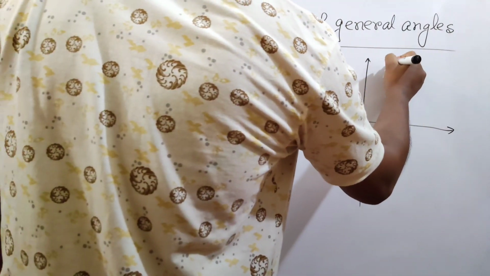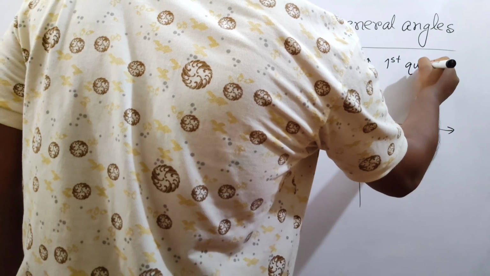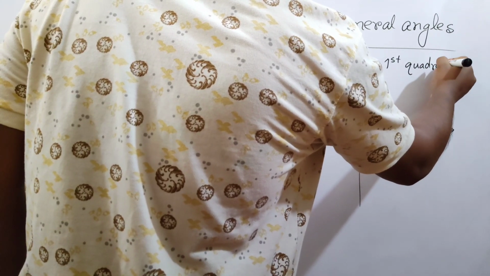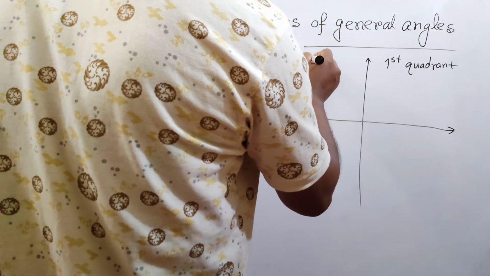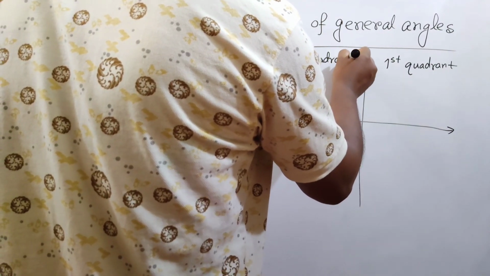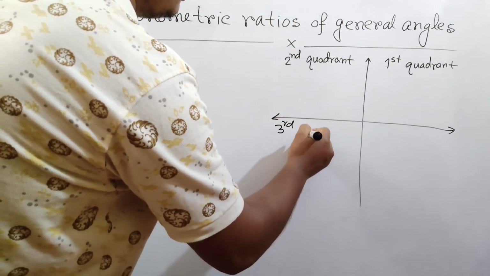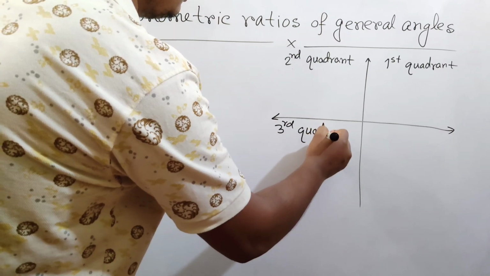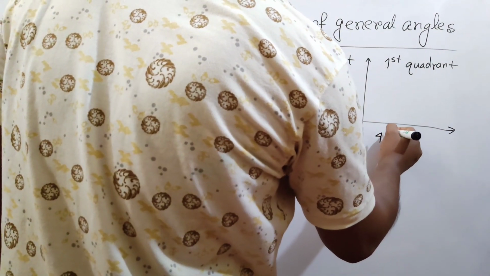So this is the first quadrant, this is the second quadrant, third quadrant, and finally the fourth quadrant.